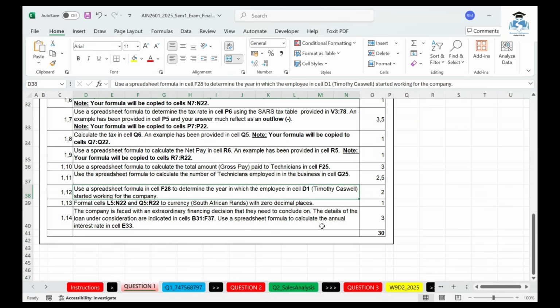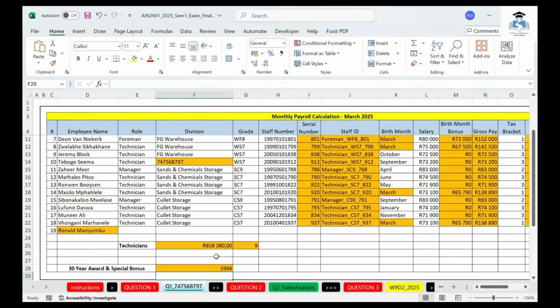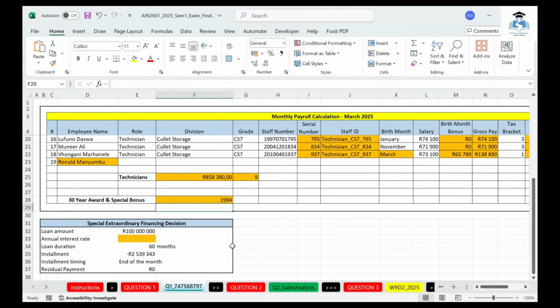Use a spreadsheet formula to calculate the annual interest rate in cell E33. Here, we want the annual interest rate. How do we find the rate? We did this, guys.